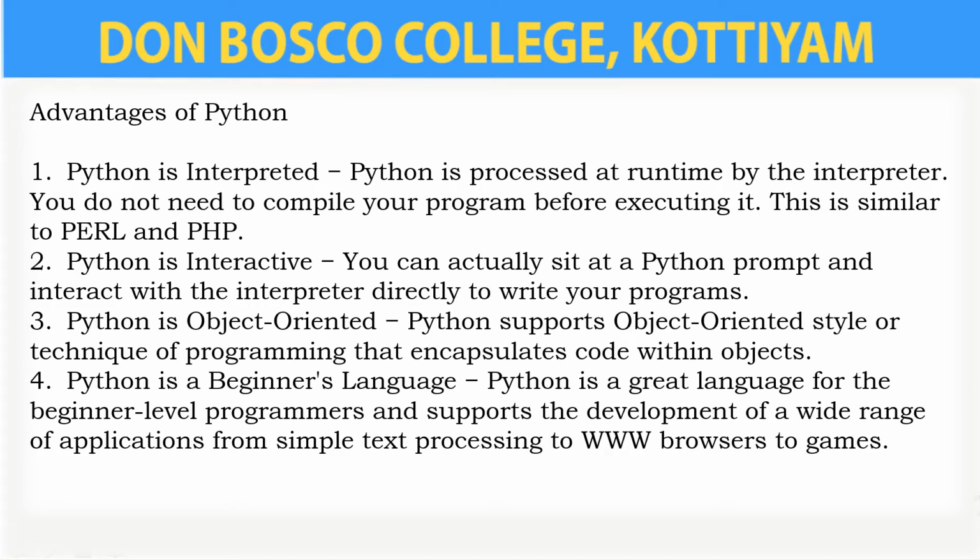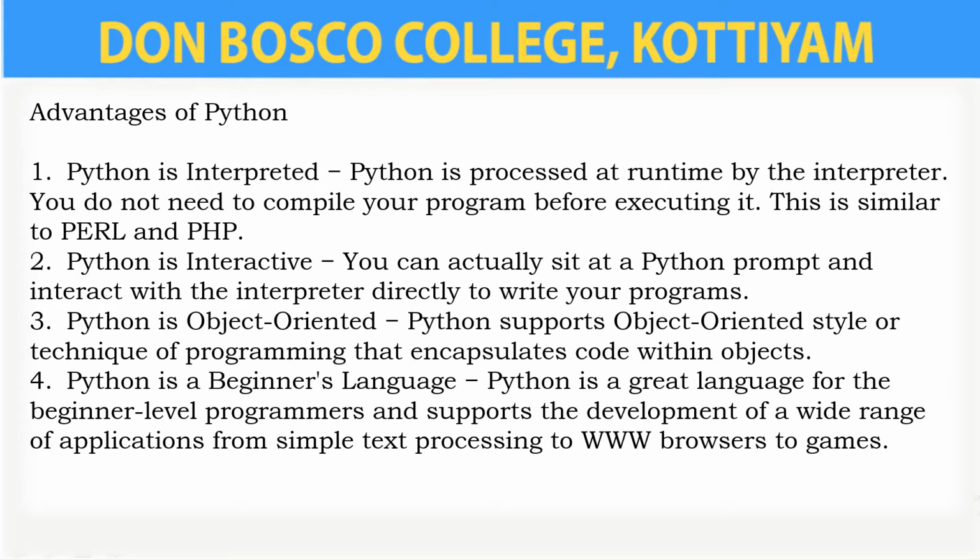And Python is interpreted, that means it is processed at runtime, so it does not require any external interpreter or compiler to compile the program. Whenever we process the program, it will be interpreted.